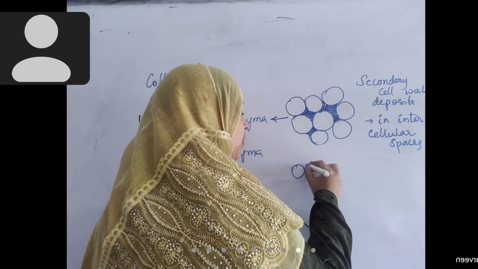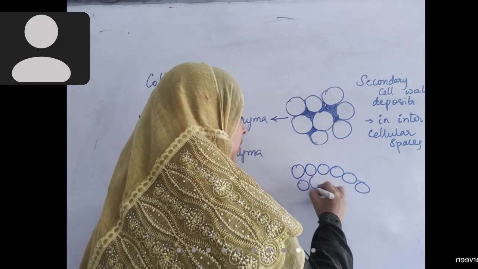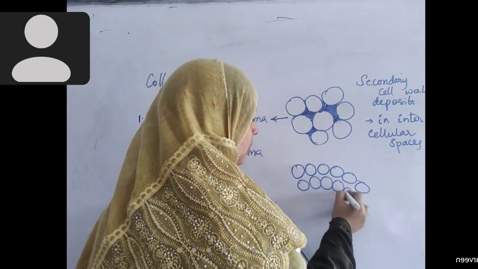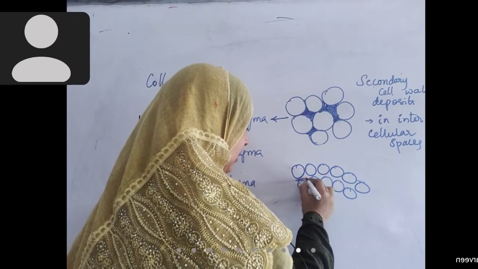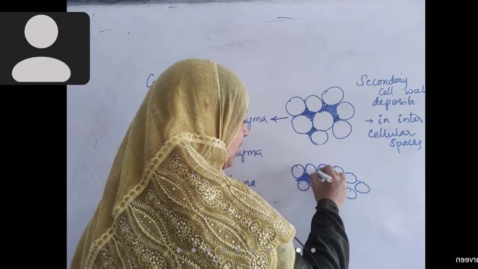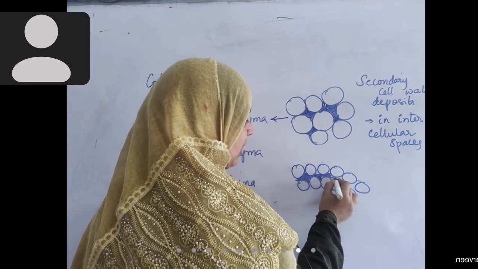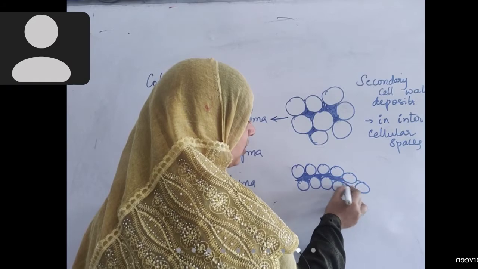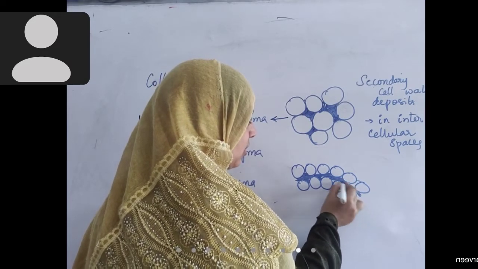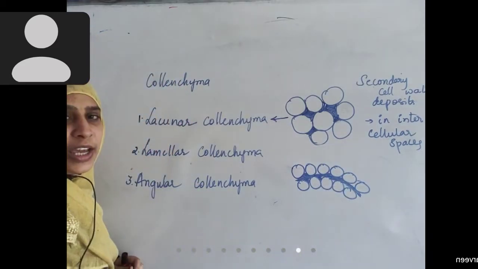So I'll draw only some parts. In these intercellular spaces, you can see that there is deposition, like this, it is deposited. But in these intercellular spaces, you will not see any deposition. Okay? There is no deposition in this radial direction.